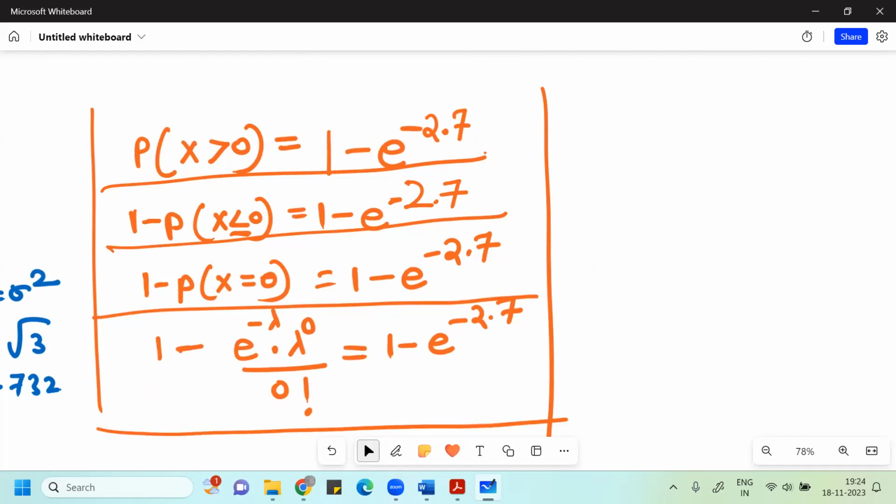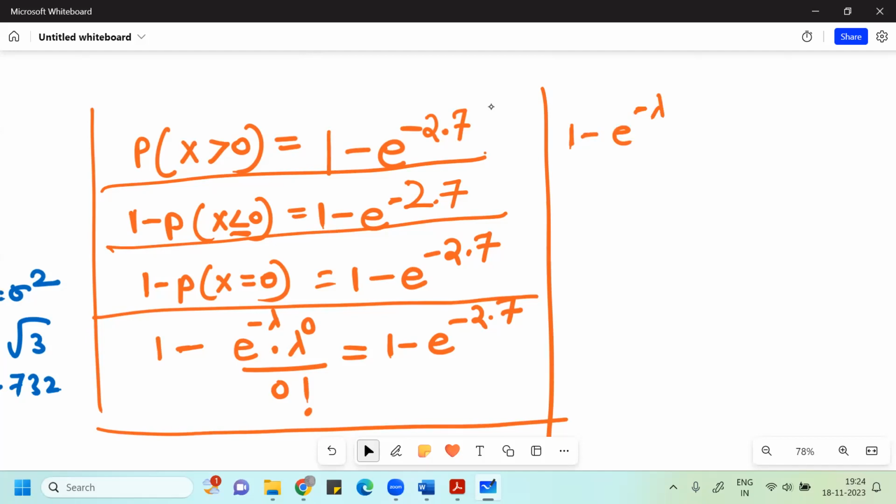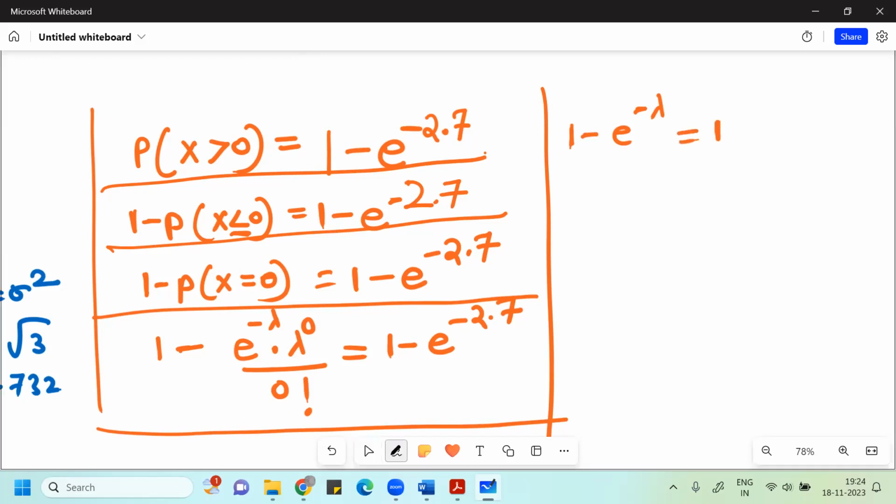So this you can write as 1 minus e to the power minus lambda. Anything to the power 0 is 1, and 0 factorial is also 1. So 1 minus e to the power minus lambda is equal to 1 minus e to the power minus 2.7. So this means lambda, or mean, is 2.7.